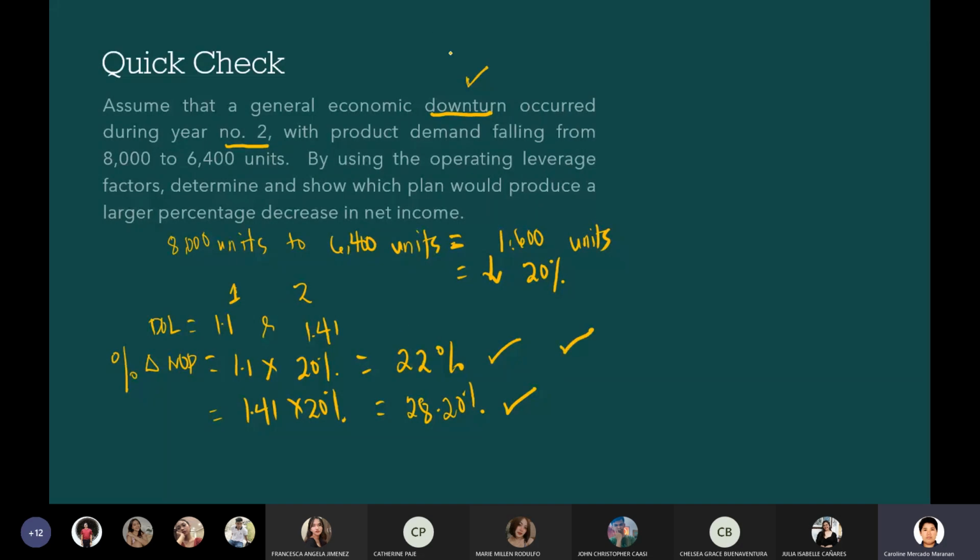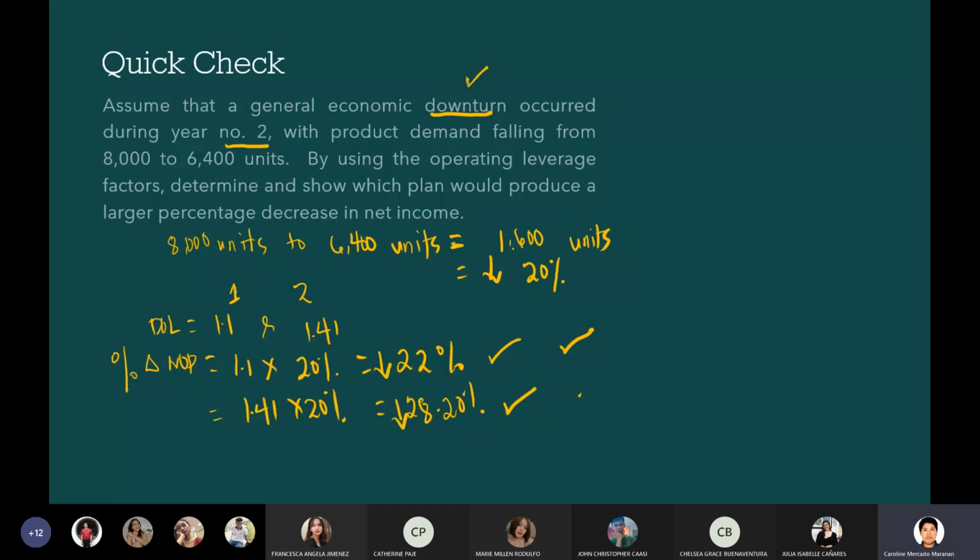Pero kung increase in sales, siyempre ang pipiliin mo si plan 2 kasi malaki ang increase or decrease niya sa sales. Ito decrease yan, decrease in net operating income. Decrease by 28.20%, dito decrease by 22%. Naintindihan?